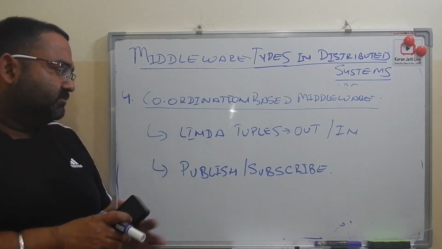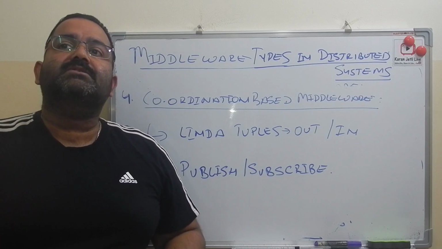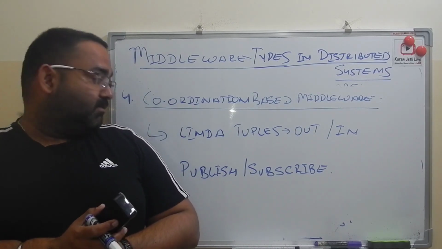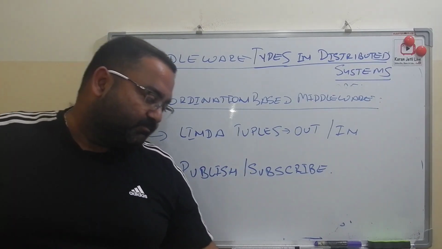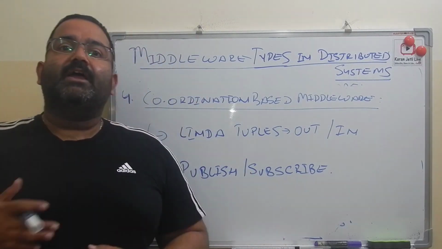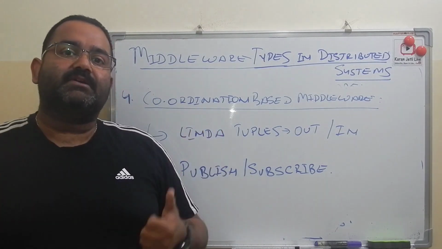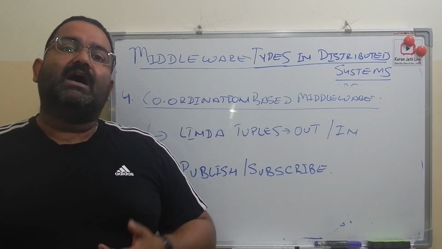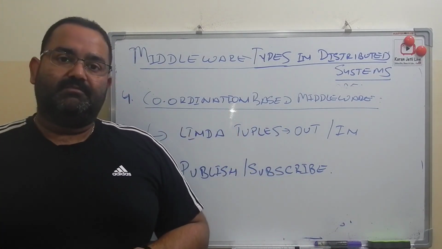The other system of coordination based middleware is publish subscribe. In this, we have a publisher which will publish some information, and then we have subscribers. If subscribers are interested in that information, they can subscribe to it.